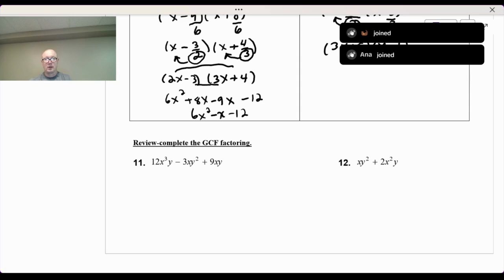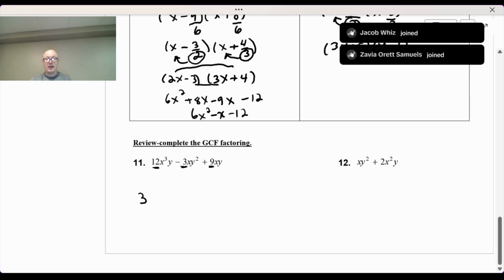Okay, so it looks like now we want to first look at the numbers. So they got a 3, they got a 9, and they got a 12. Well, the greatest common factor that they all have is going to be 3. All right, so I know I can bring out a 3.